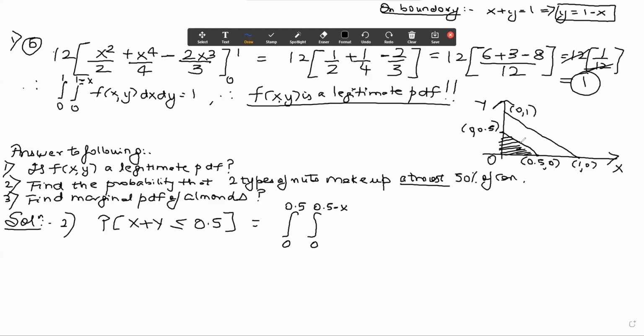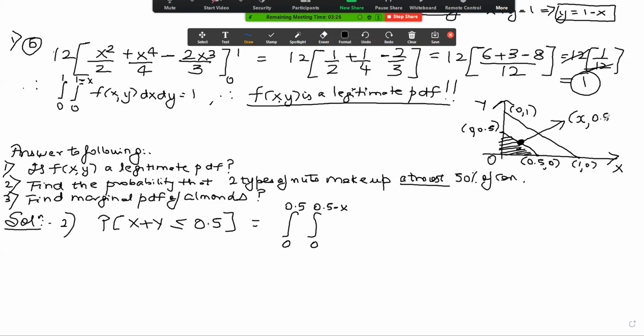So if I take a point on this line, what will this point denote? If I take a particular value of x here, then y will be 0.5 minus x.